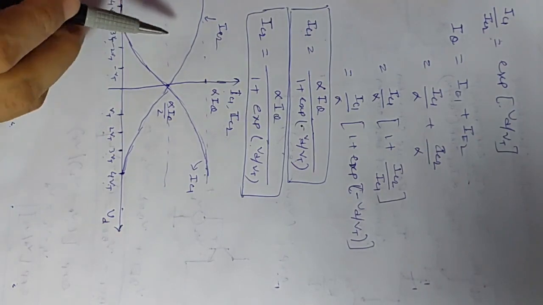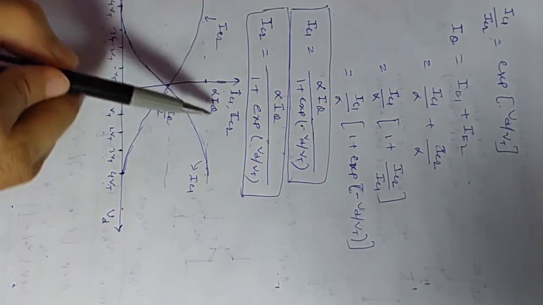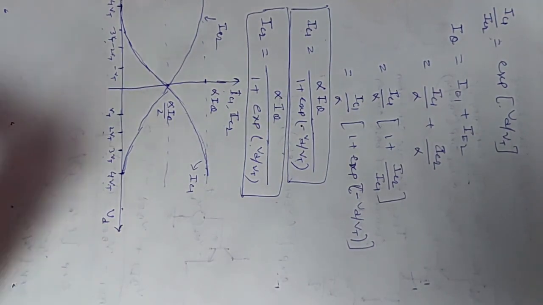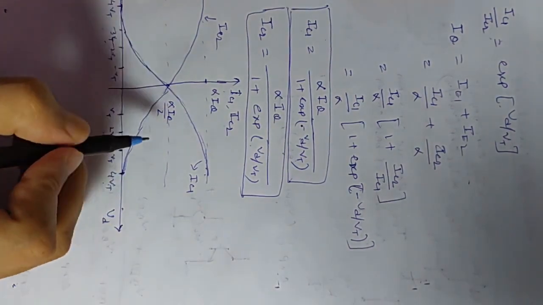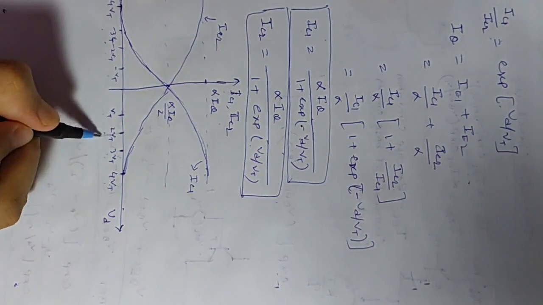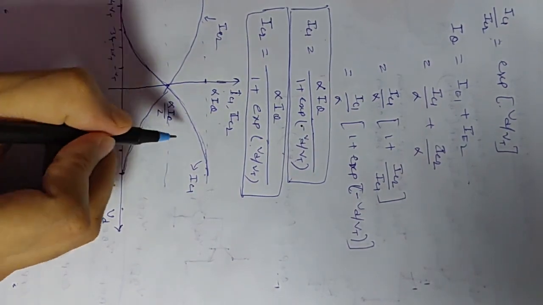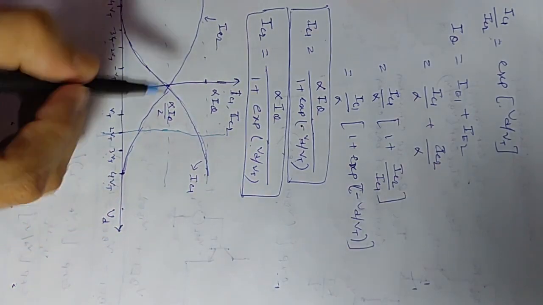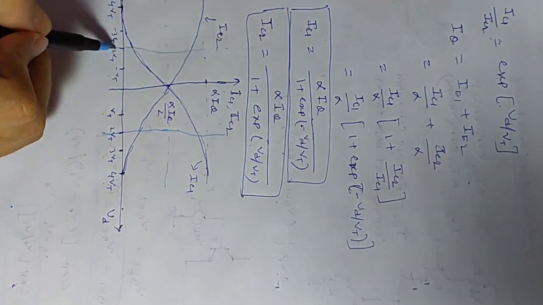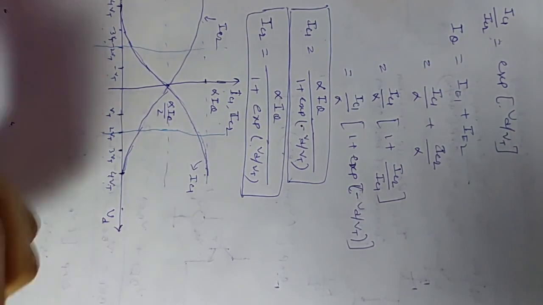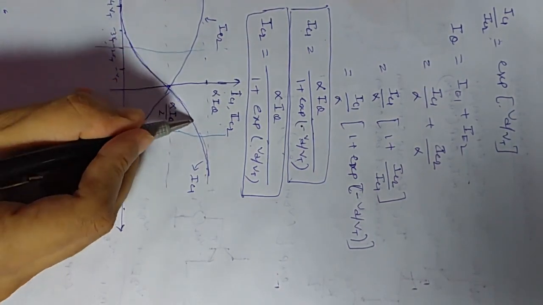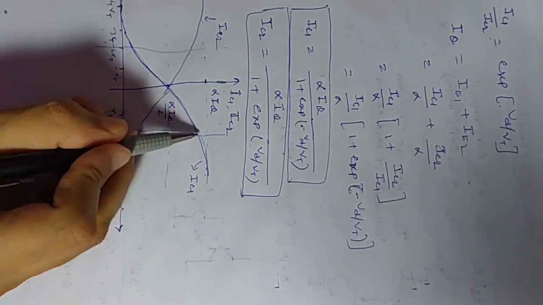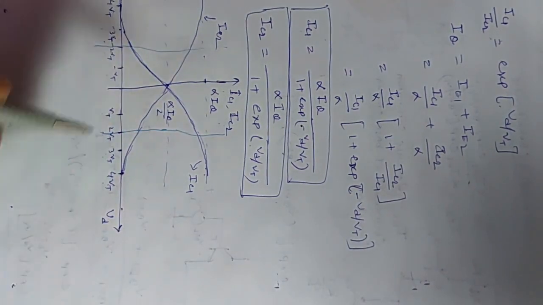And for IC2 the same explanation is valid. Now, as you can see, within the range 2 Vt to minus 2 Vt, these two curves are almost linear, almost straight lines.